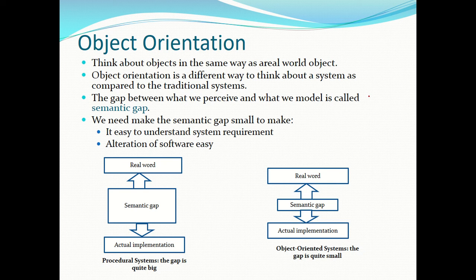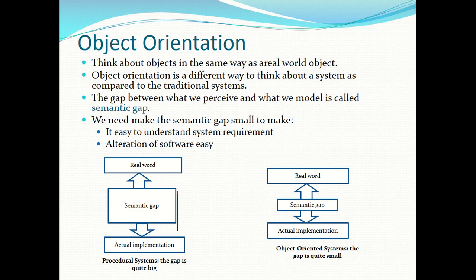Your system will not be exactly the same as the real world. We call this difference a semantic gap. In a procedural language, the semantic gap is quite big, as you can see here. In our work, we need to try to make the semantic gap as small as we can.